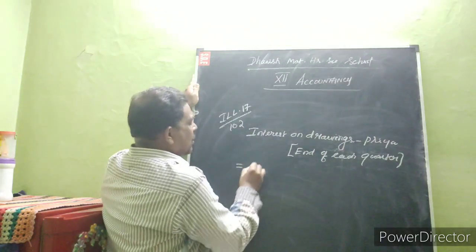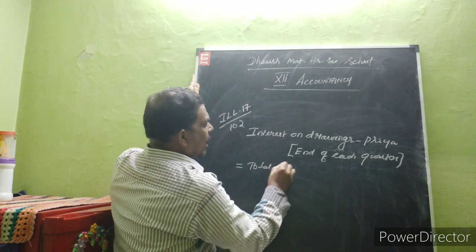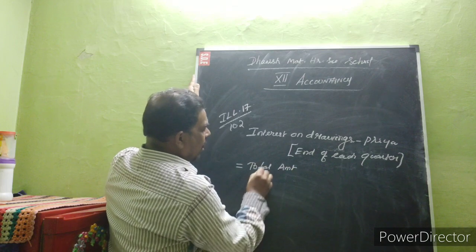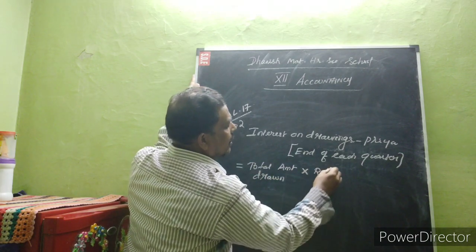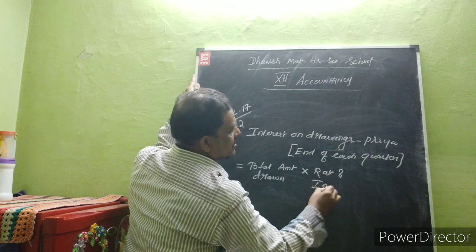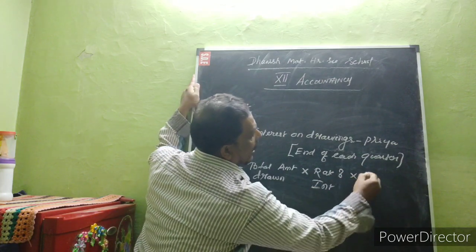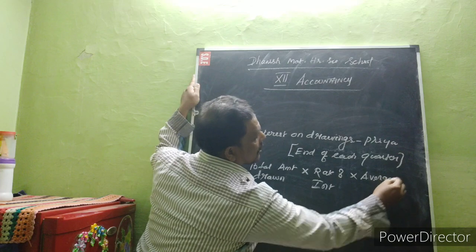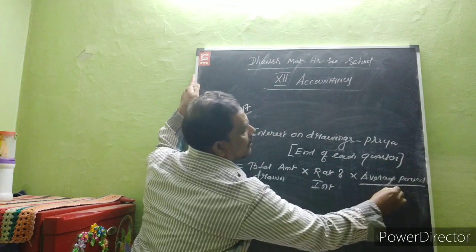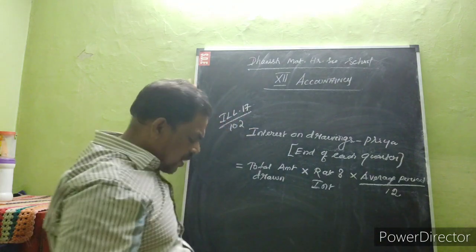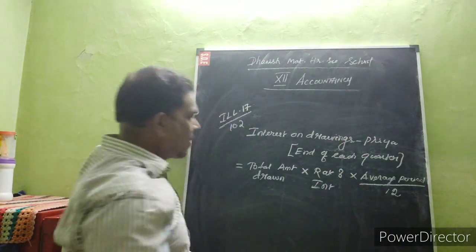What is the formula? Total amount drawn into rate of interest into average period divided by 12. Average period divided by 12. Listen.